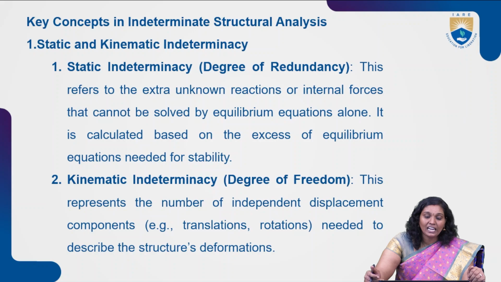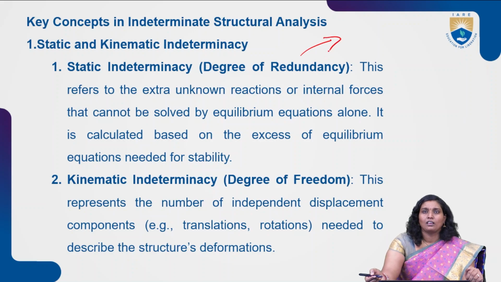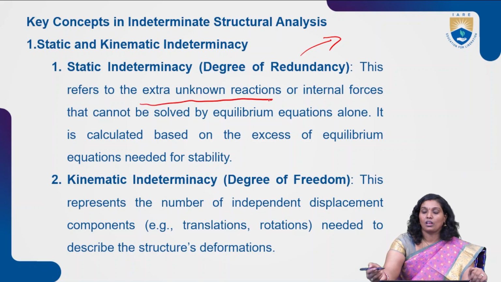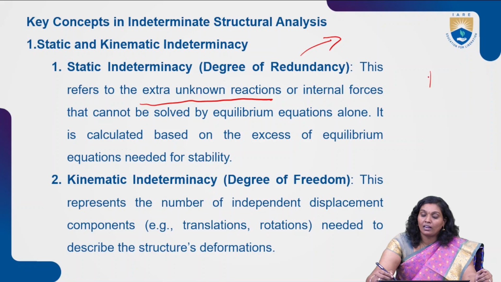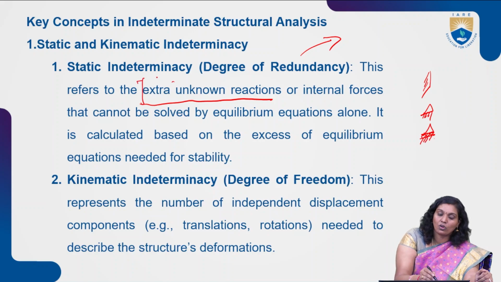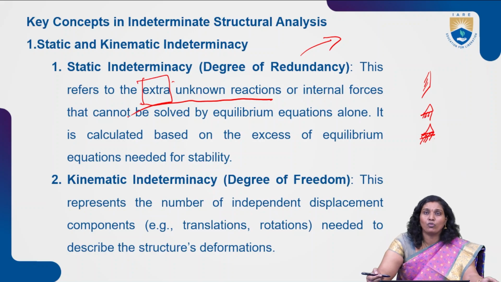In static and kinematic indeterminacy, the static indeterminacy is nothing but the degree of redundancy. The degree of redundancy refers to the extra unknown reactions. Based on the type of support, whether it is fixed, hinged or roller support, we are going to understand these extra unknown reactions or internal forces that cannot be solved by the equilibrium equations alone.